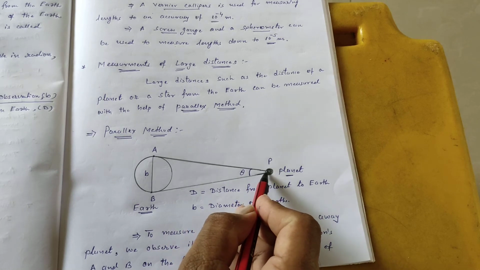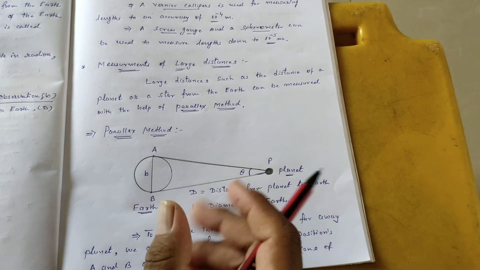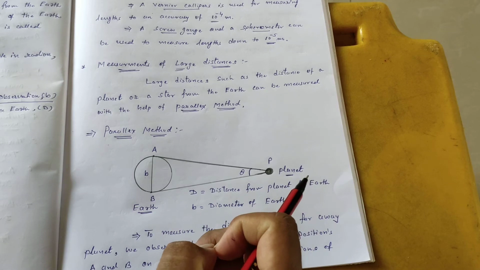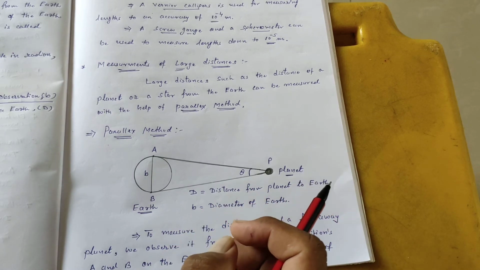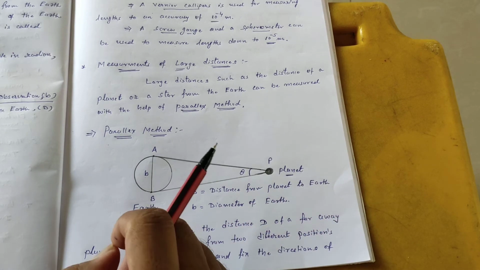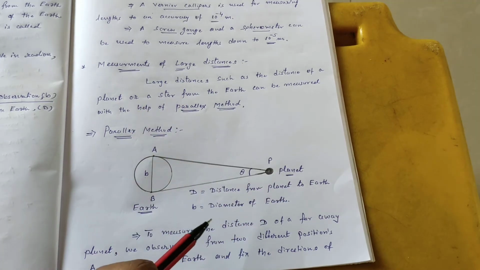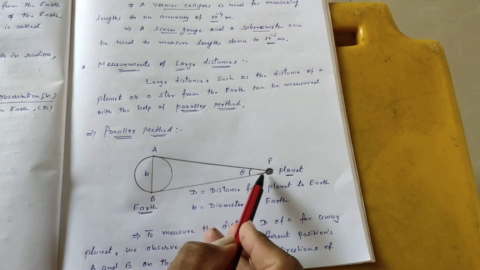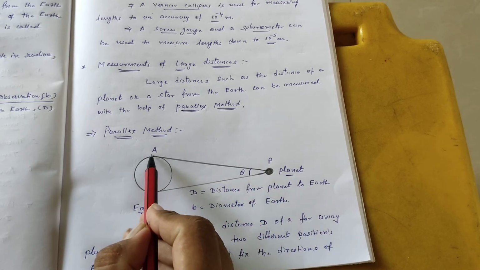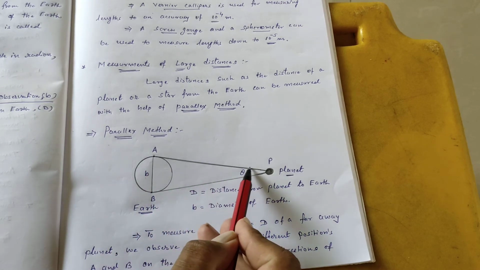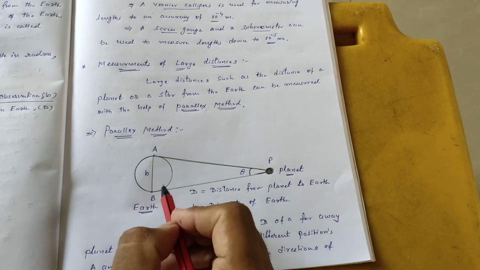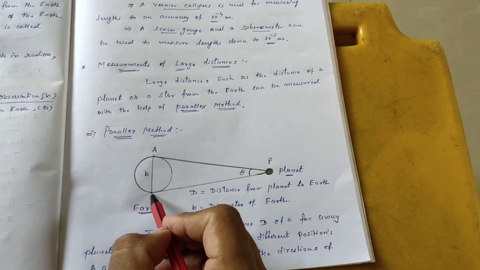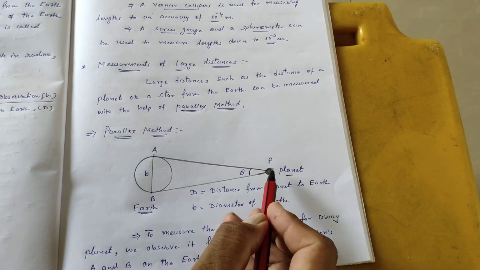Now P is over here. P is the point-like object, the planet, but actually while observing any planet it is a point-like object, though actually it is huge compared to Earth. Now you have to observe this point-like object from position A, and after that, from position B, you have to observe the same point.